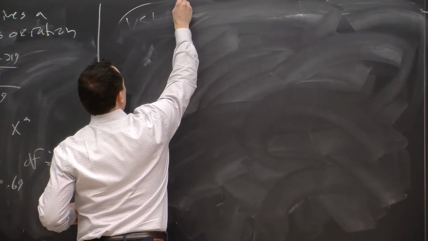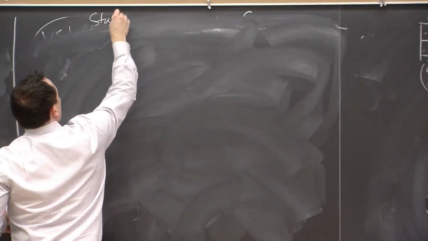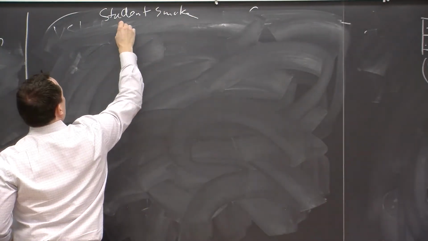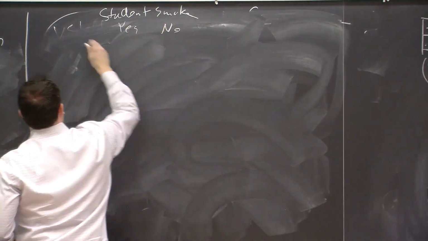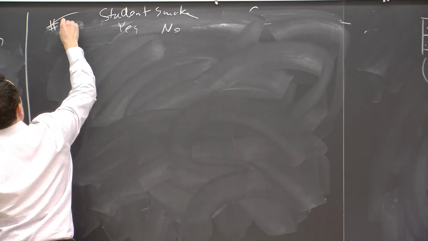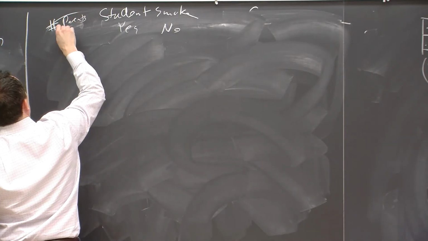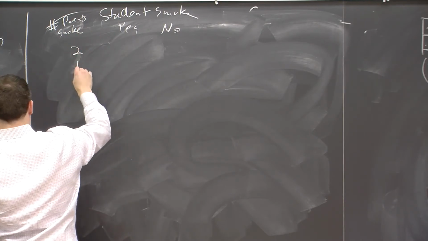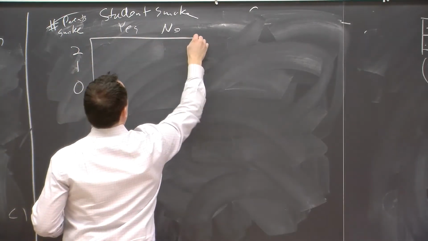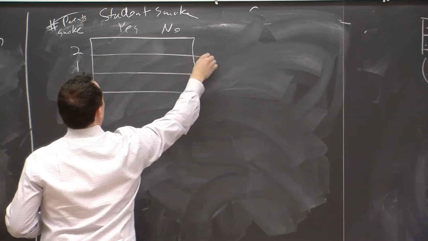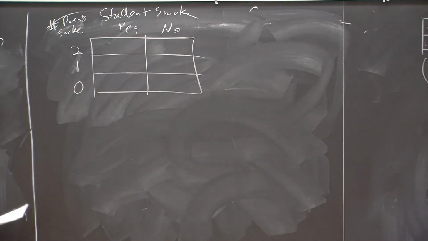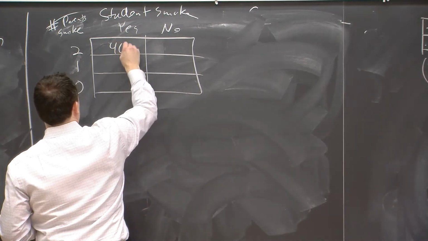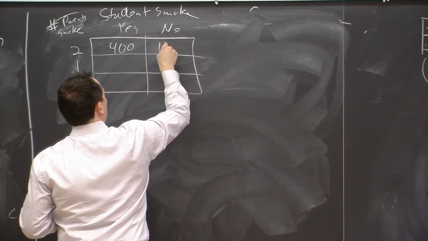The smoking students, yes or no, and number of parents that smoke, either both, one, or neither. So obviously we have some ordinal data going on here. And the outcomes were this.